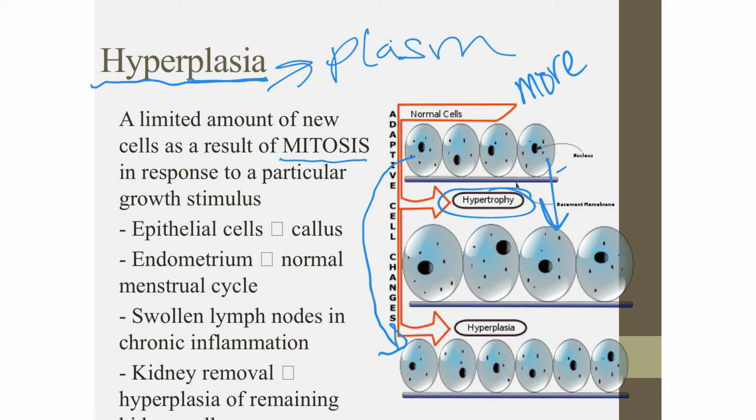It is cells engaging in mitosis as a result of some sort of stimulus being released. One of the simplest things that you may have all experienced is hyperplasia of epithelial cells. When that happens, this was supposed to be an arrow, so now I'll draw an arrow. Let me just draw it over.